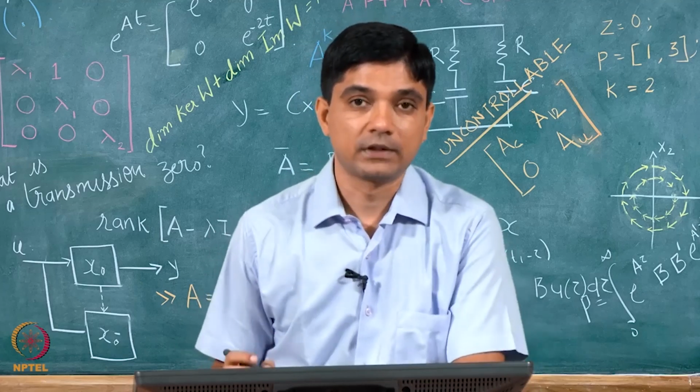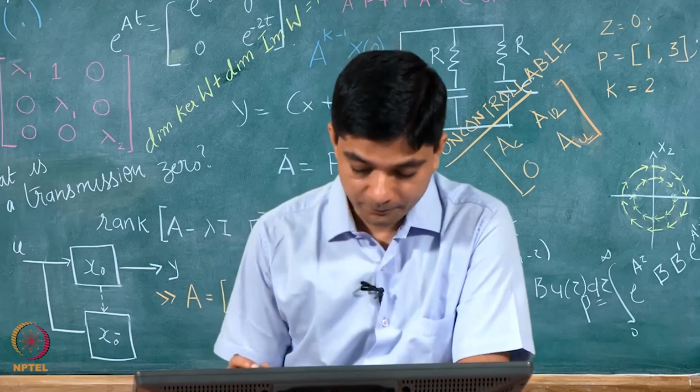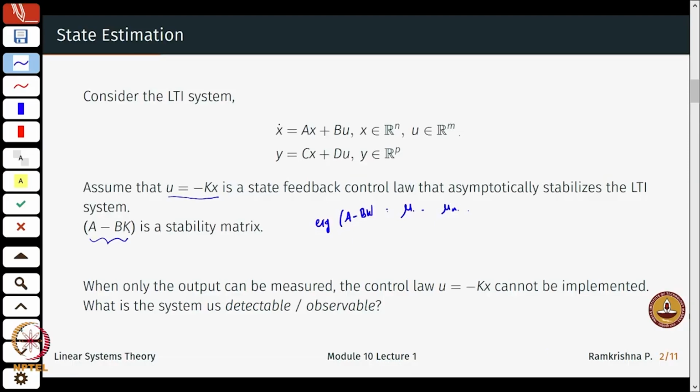Okay, so that was good as long as you could measure the x. What is crucial here is measuring this x. But in most cases only the output is available for measurement. When only the output is available, the control law u equal to minus Kx cannot be directly implemented on the system, because I really do not have access to all of the x's of the system.